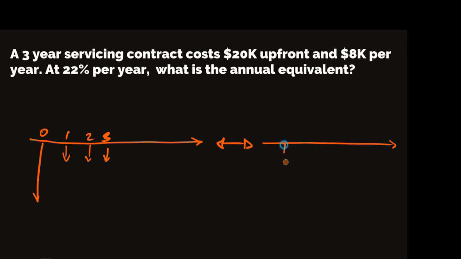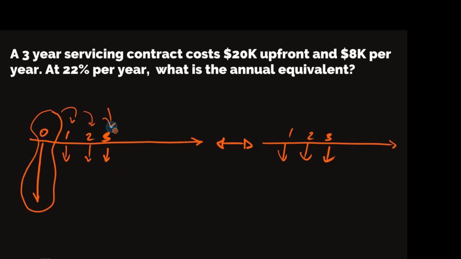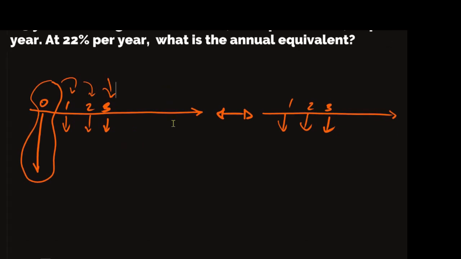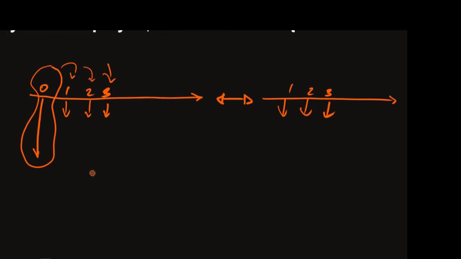So our solution is going to look something like this, right? 1, 2, 3. So we're converting to that. Basically, we're just going to find the annual of this upfront cost and then add it to this other cost, which is already annual. So this problem should be a piece of cake.